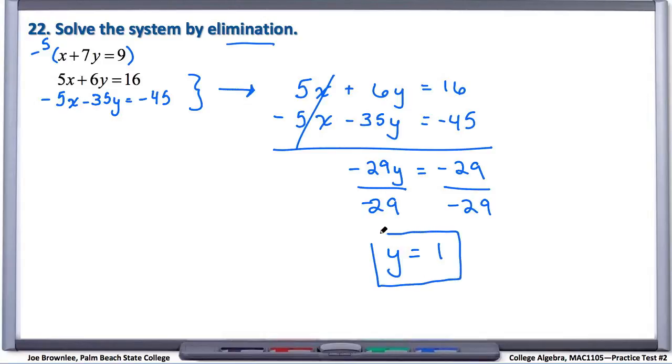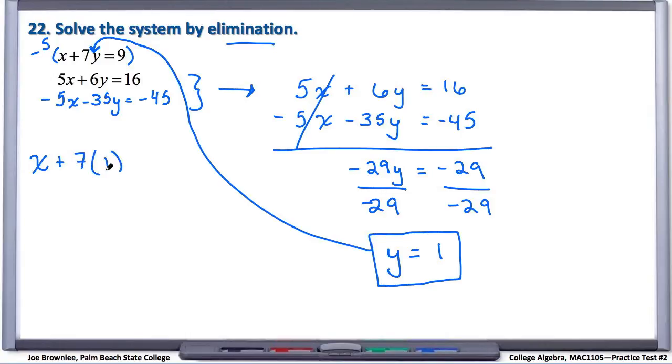So we've just solved for y. Now what we have to do is take this y value and plug it into really any of these three equations and solve for x. I'm going to take this y value and plug it into the first equation for y. All right, so if we plug that y value in, we'll end with x plus 7 times 1.